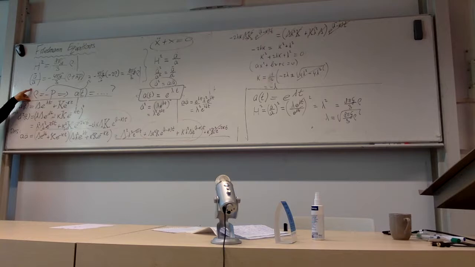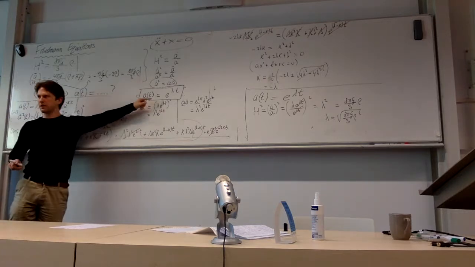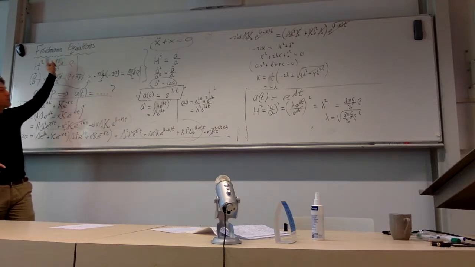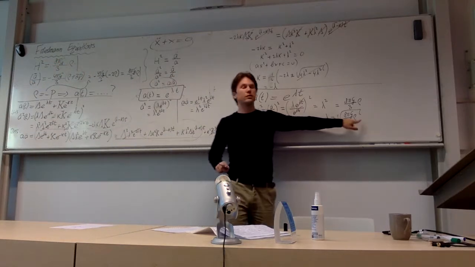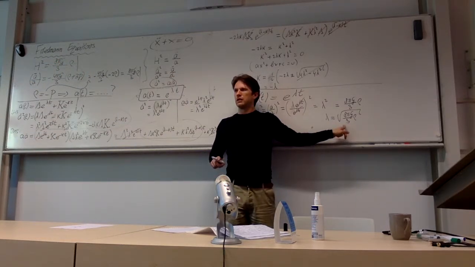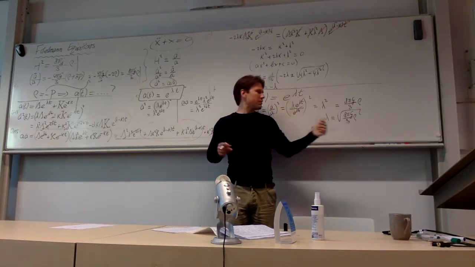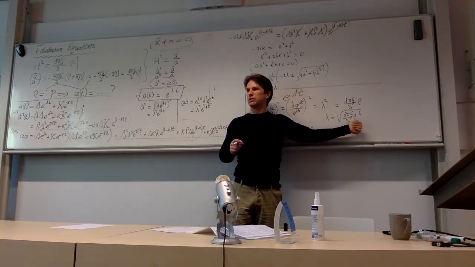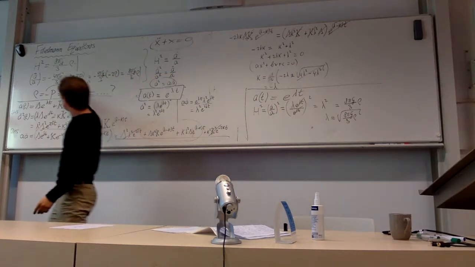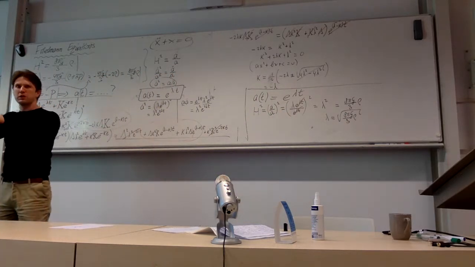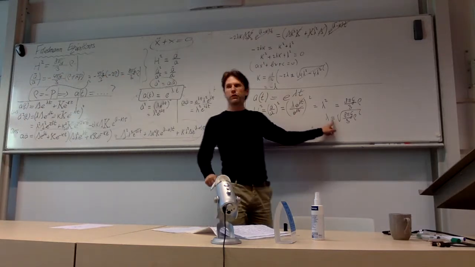Lambda is a constant, right? We put that in. This only works if lambda is a constant. Then the Friedman equation tells you that lambda has to be related to this thing. So the amount of expansion depends on how much energy there is in the universe. So this stuff that obeys this strange equation tells you the more of it you put in, the stronger the universe will expand.